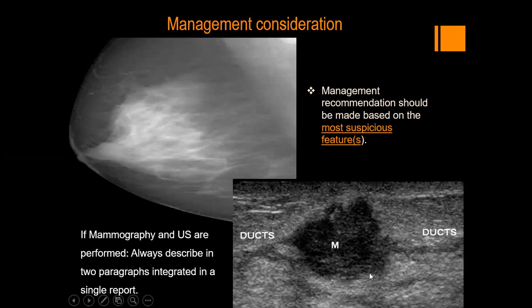But on ultrasound, it is obviously a malignant mass with ductal extension. So it's being upgraded. Okay, so I'll take the ultrasound features and report it as BI-RADS 5 instead of BI-RADS 4 on mammography.